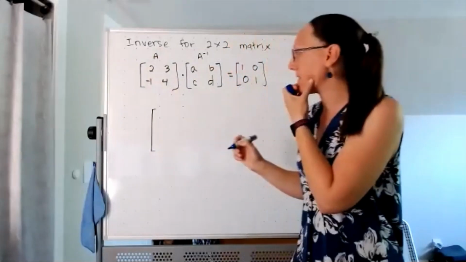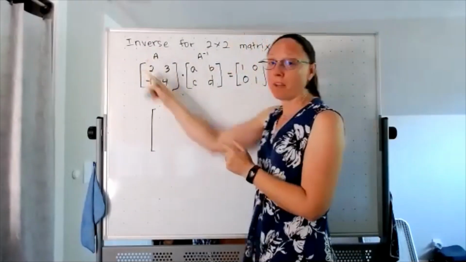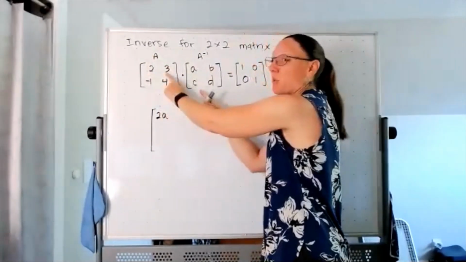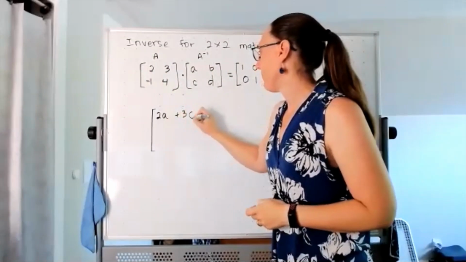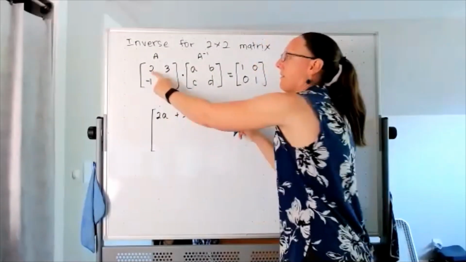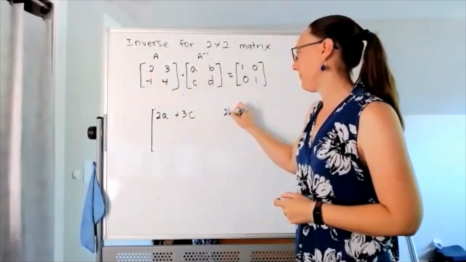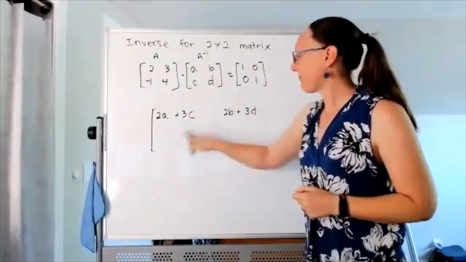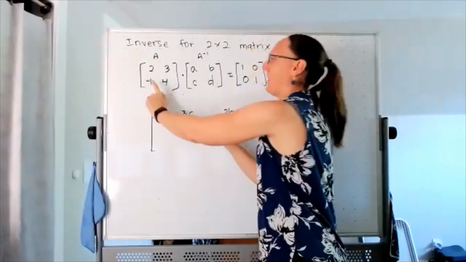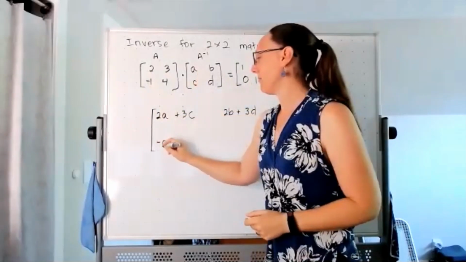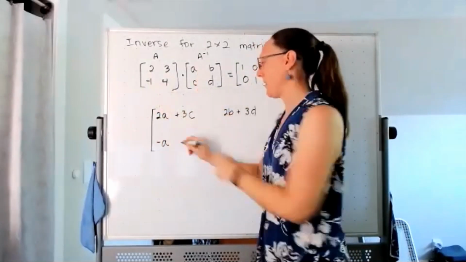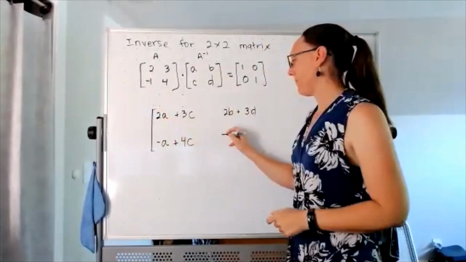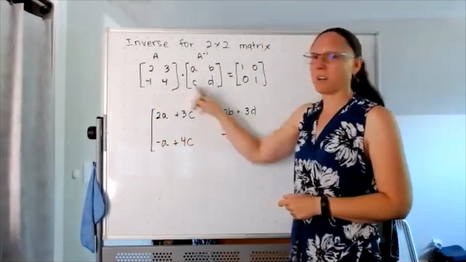To do the matrix multiplication, I'll have 2 times A plus 3 times C. And then I'll have 2 times B plus 3 times D. Down here, I'll have -1 times A plus 4 times C. And over here, -1 times B plus 4 times D.